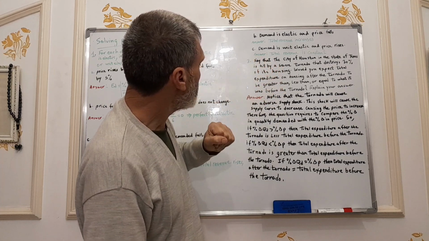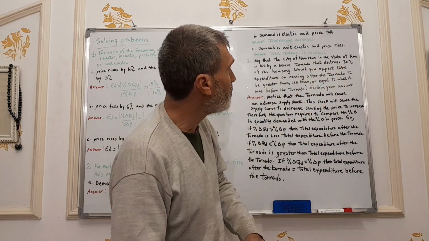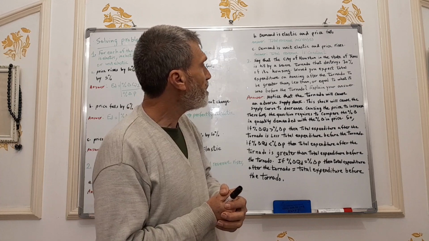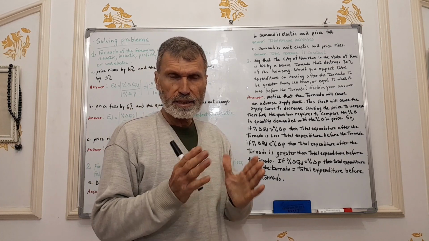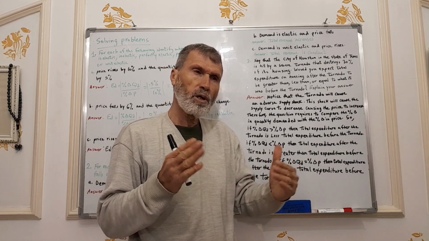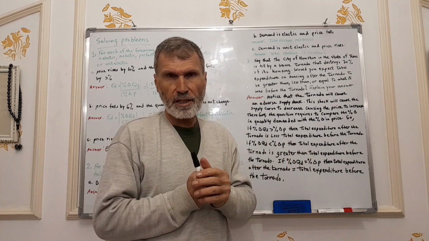We have problem 3. Say that the city of Houston in the state of Texas in the United States is hit by a severe tornado. As you can see, a tornado will cause lots of destruction in that area.